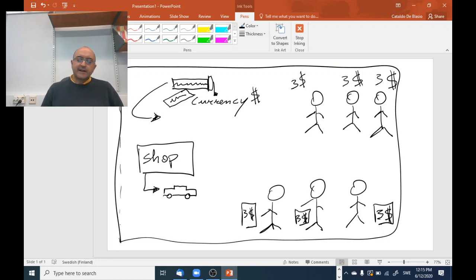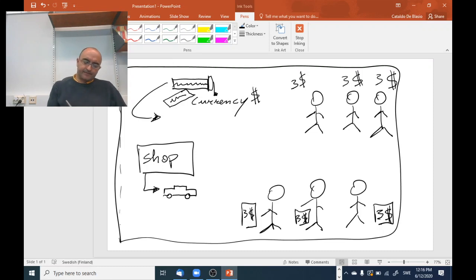But now let's assume the case where we have only one shop. We have many shops normally, but in this simplified case, I am only considering one shop, and this shop is only selling cars. Now what is happening differently from the case before is that the bank gives currency only to some people, and the rest of the people are not receiving any funds.